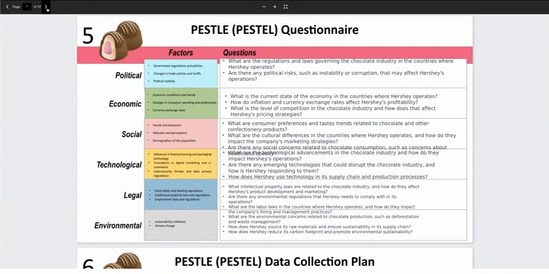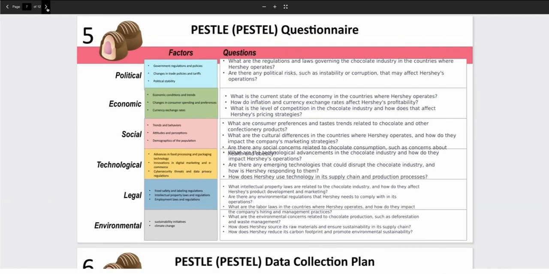Now, what are your questions? Because you're going to look into different sources of information to respond to your questions, or maybe if it is social, for example, you're going to create a survey and look into where you can find the data.